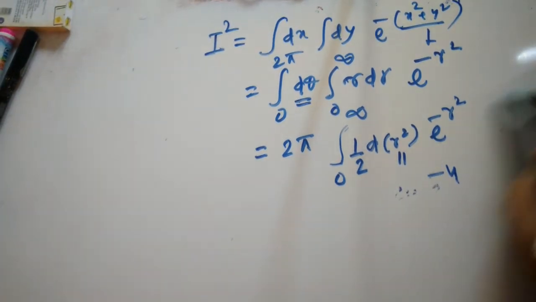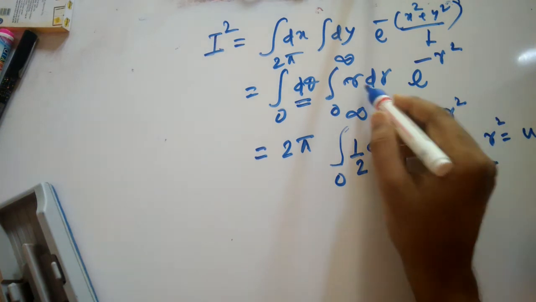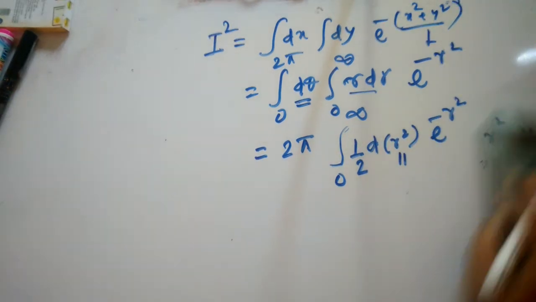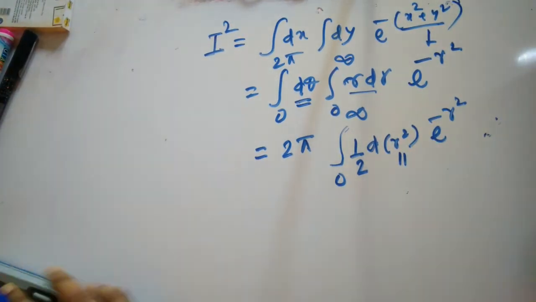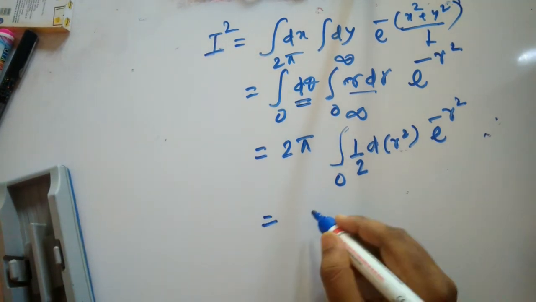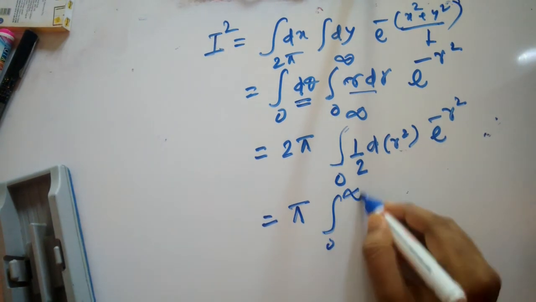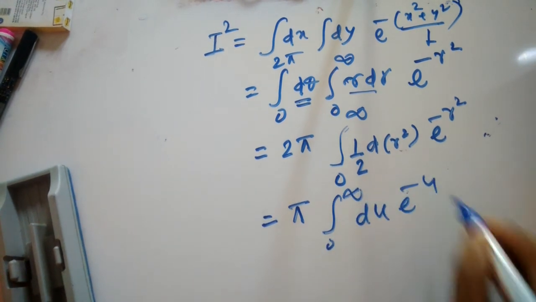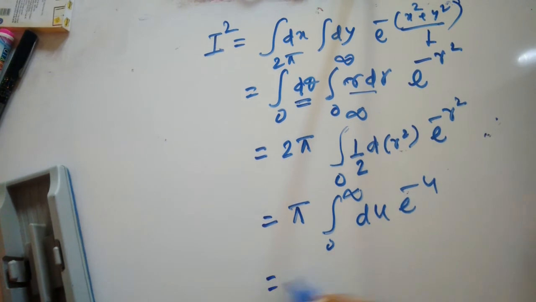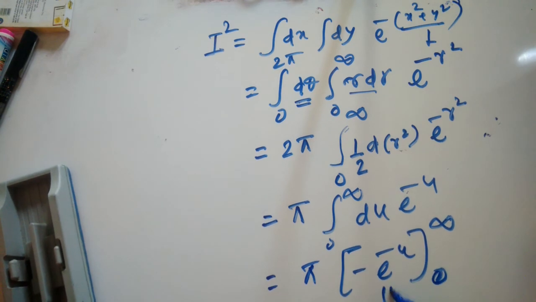You can also take r square equals u, and 2r dr equals du, and you replace there, and you can get this. But you can also write it that way. That means you do this, and this is the pi, and this is just the integration of du e to the minus u. Okay, and this is pi, this is minus e to the minus u, 0 to infinity, right? And the value of this is 1.